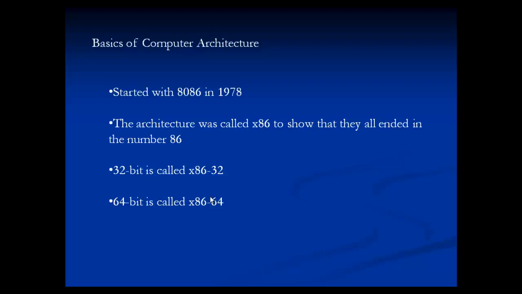Now let us understand the bits. The bit designation refers to the width of the register. It means a 32-bit register holds more than a 16-bit register and an 8-bit register. Similarly, a 64-bit register can hold more data than a 32-bit register. So this is the width of the register.